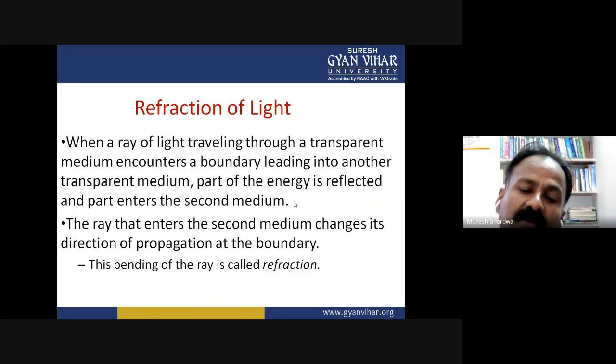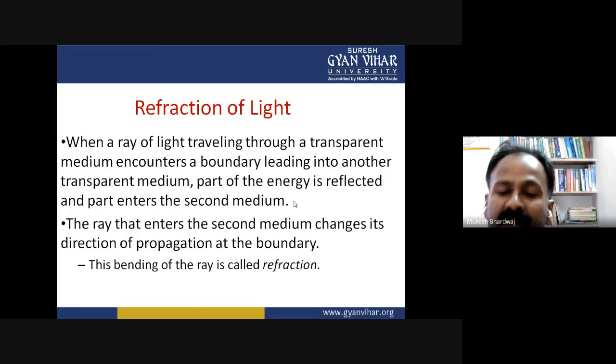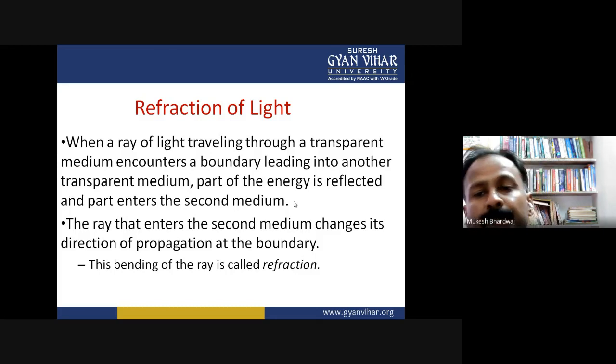Refraction of light occurs because light travels with a different speed in different media. In vacuum, the speed of light is 3 times 10 to the power 8 meters per second. In glass, it is 2 times 10 to the power 8 meters per second. In water, it is somewhat 2.25 times 10 to the power 8 meters per second. The slowing down of the wave in a medium causes it to bend towards the normal.